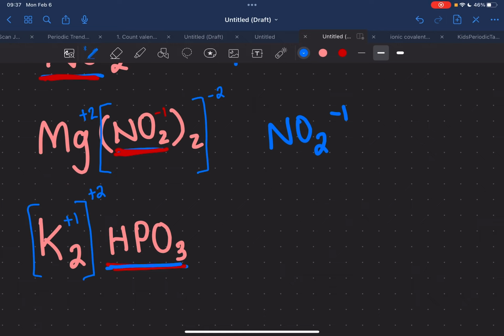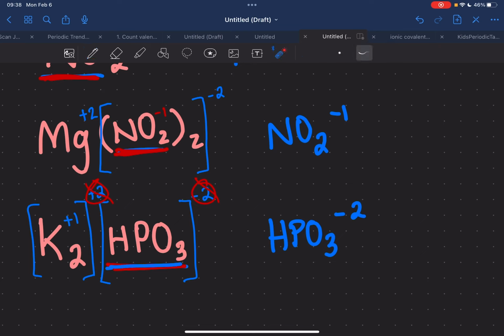And that's how I know that the second half of my polyatomic ion must have a -2 charge, because those need to cancel each other out. And so that's how I know that my HPO3 ion has a -2 charge.